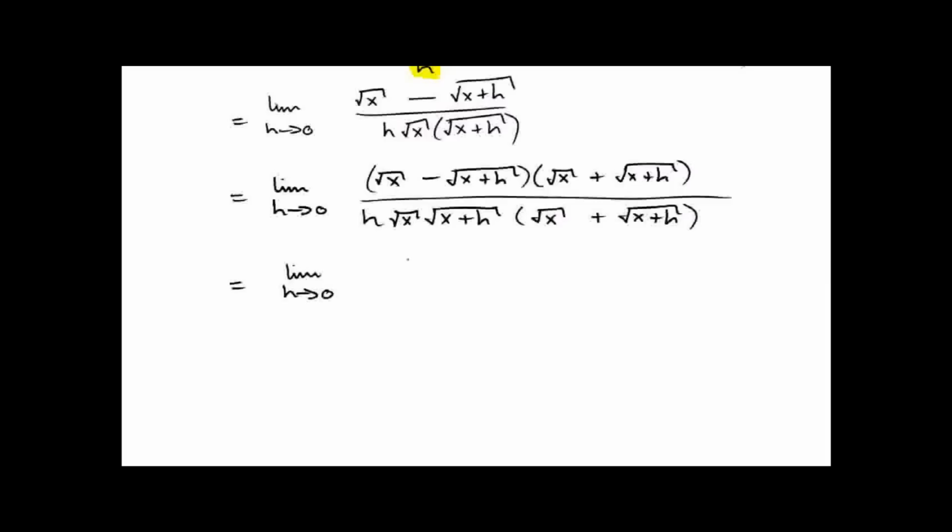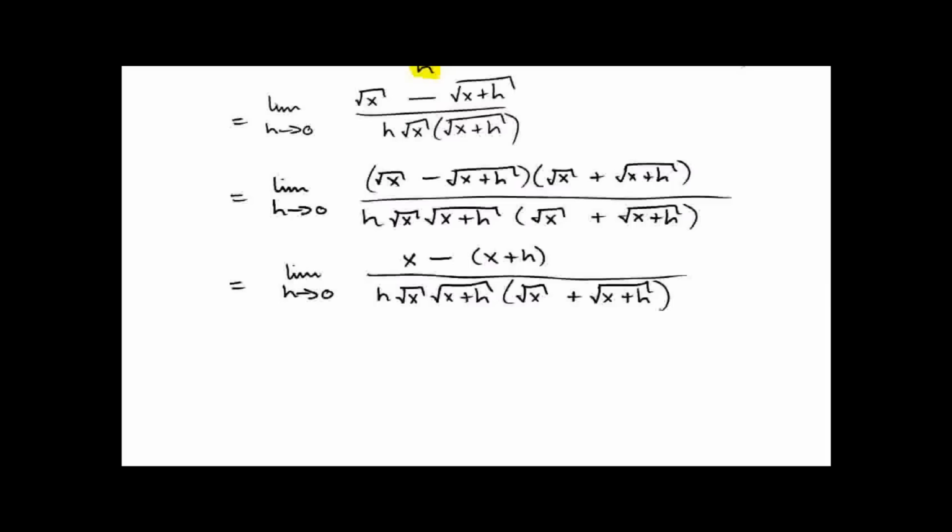Limit as h goes to 0 of, what's the square root of x squared? X. Minus, what's the square root of x plus h squared? X plus h. And then divided by h root x plus h multiplied by root x plus root x plus h.